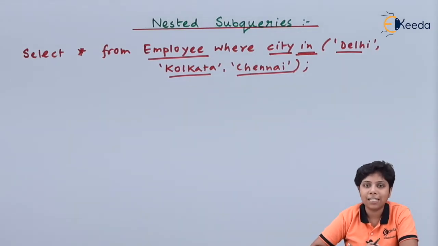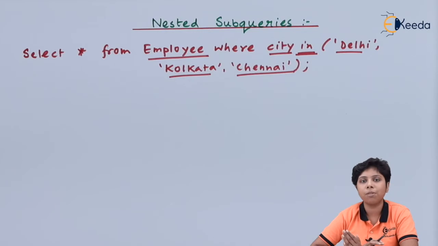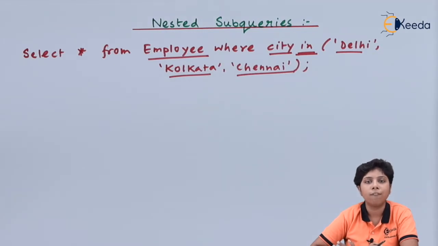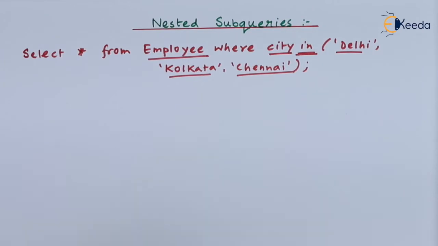Say we are selecting the customer name from employee where the customer name will belong only to the existing customers of the previous bank. So we can write it down like this.